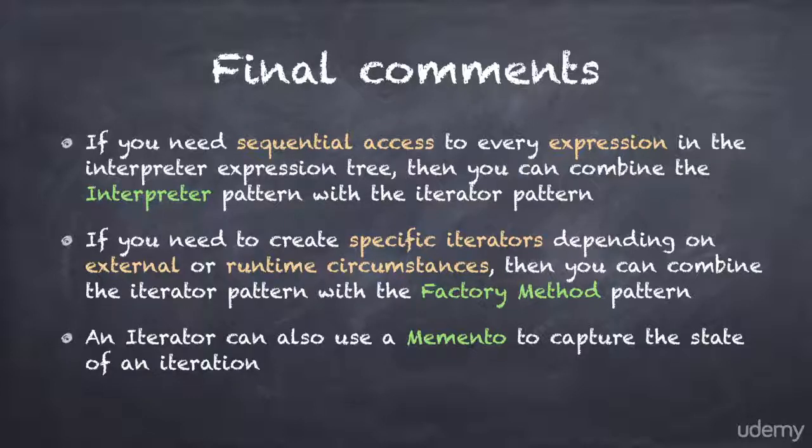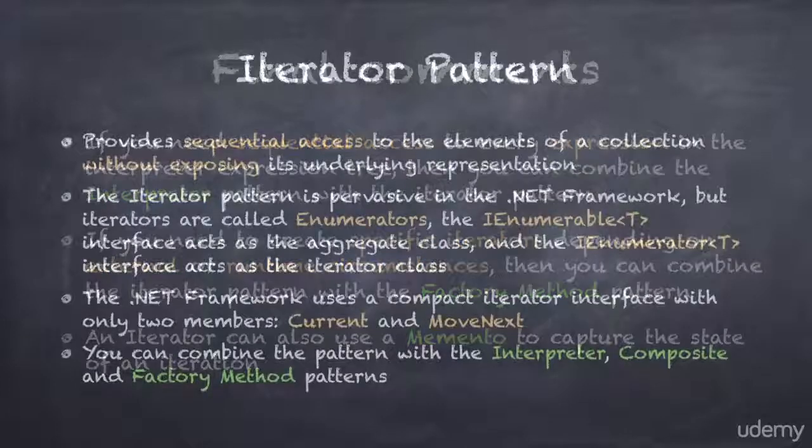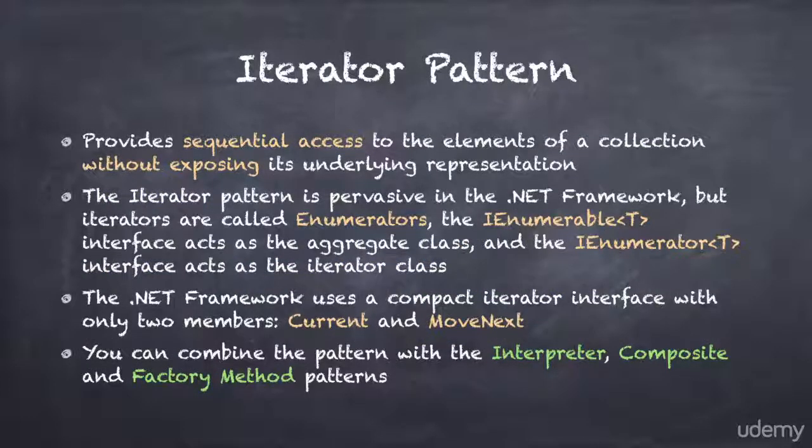Okay, so here is a summary of what we have learned. The iterator pattern provides sequential access to the elements of a collection without exposing its underlying representation. The iterator pattern is pervasive in the .NET framework, but iterators are called enumerators.